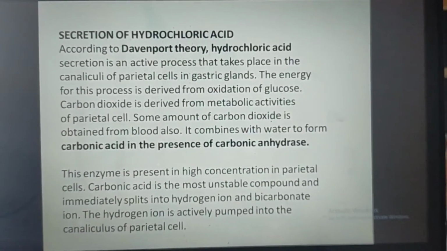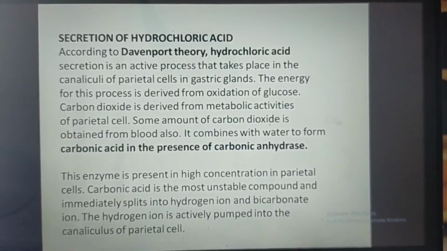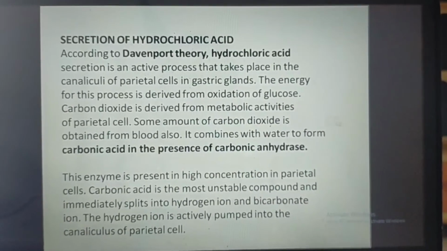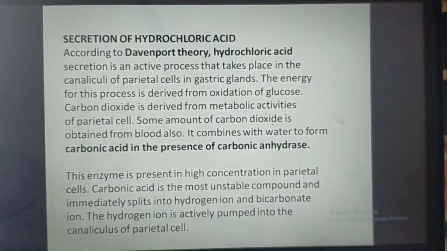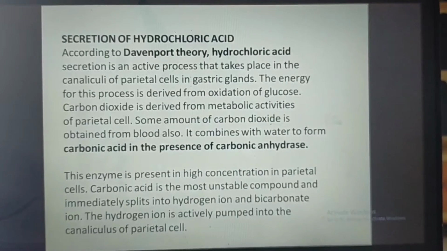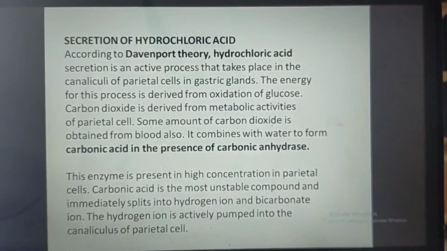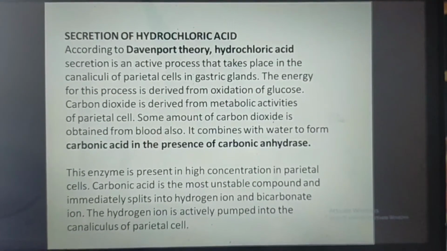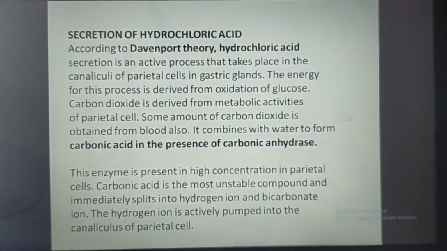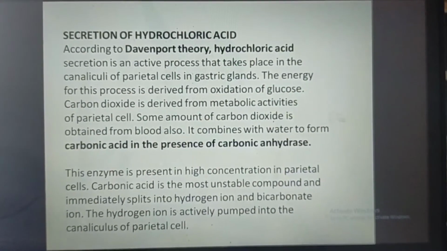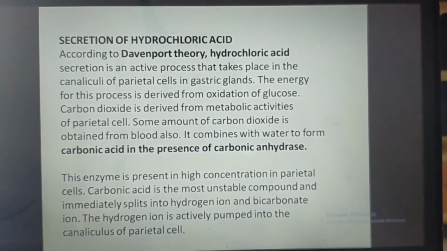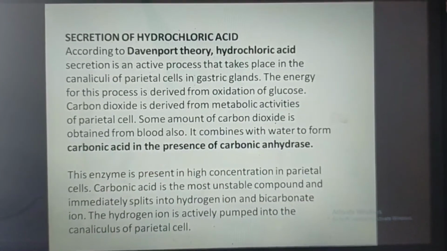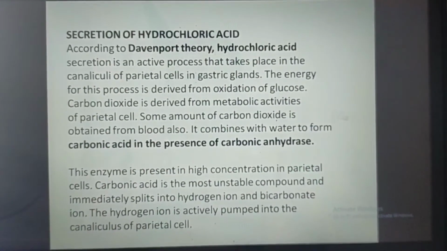Secretion of hydrochloric acid. According to Davenport theory, hydrochloric acid secretion is an active process that takes place in the canaliculi of the parietal cells in gastric glands. The energy for this process is derived from the oxidation of glucose. Carbon dioxide is derived from metabolic activities of the parietal cell.